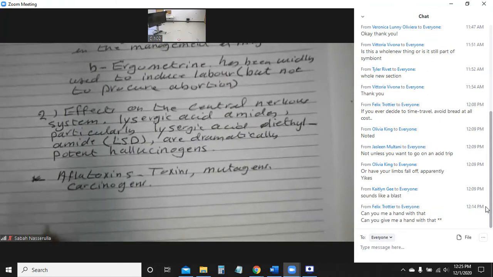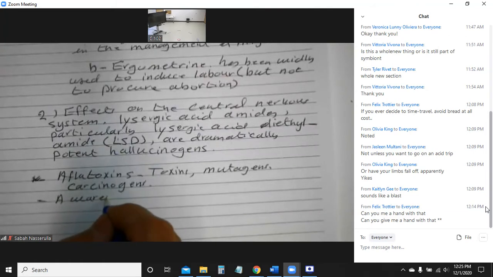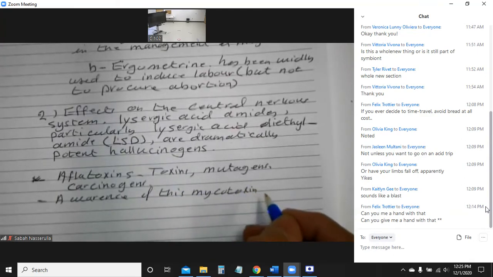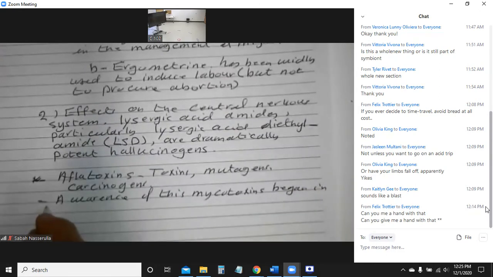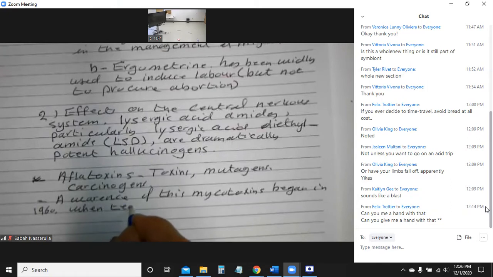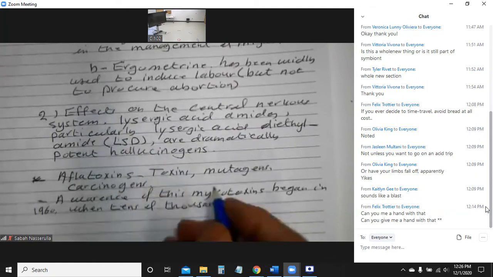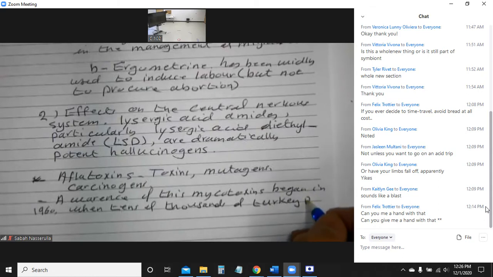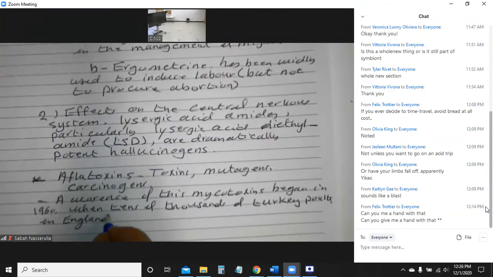As I mentioned to you, awareness of this mycotoxin, or toxins, began in the 1960s, when tens of thousands of turkey poults in England began to die.